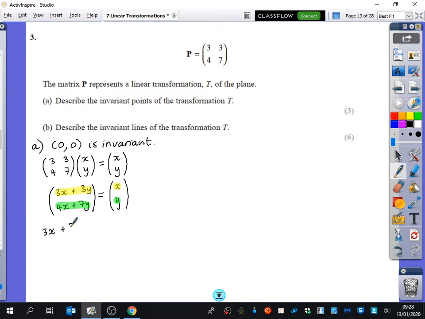So I get 3x plus 3y is equal to x. And if I try and solve that equation and find out what y is equal to, well, I get 3y is equal to minus 2x, so y equals minus 2/3 x.